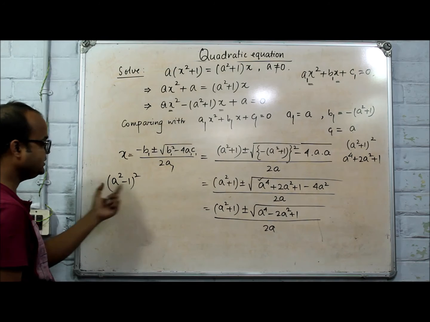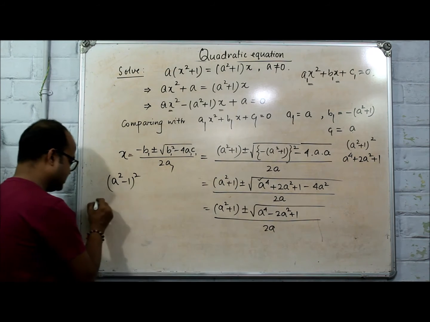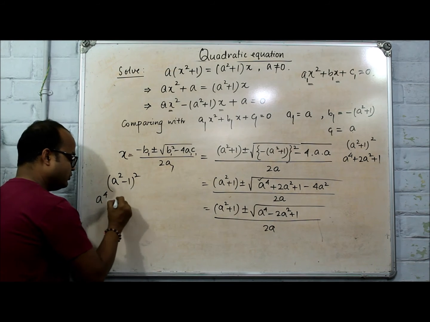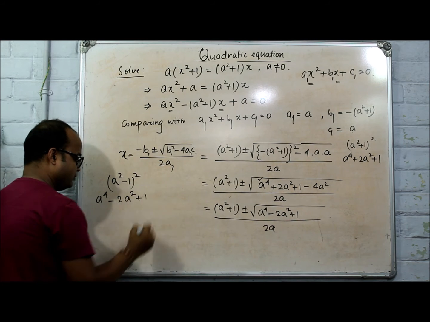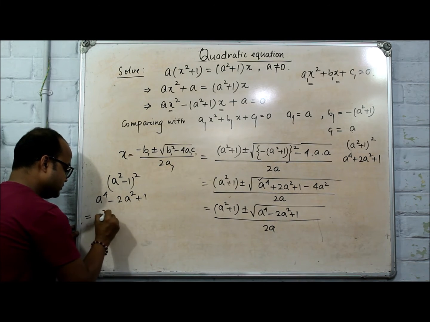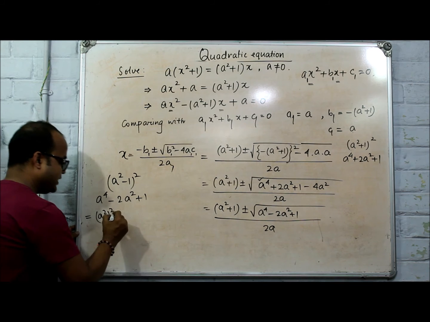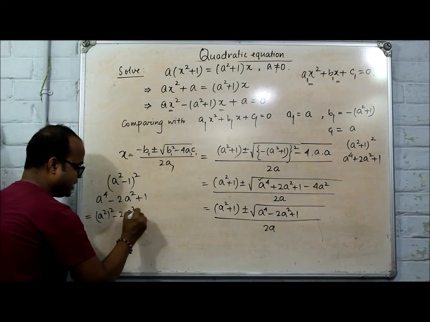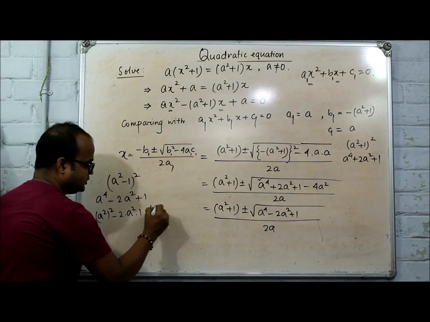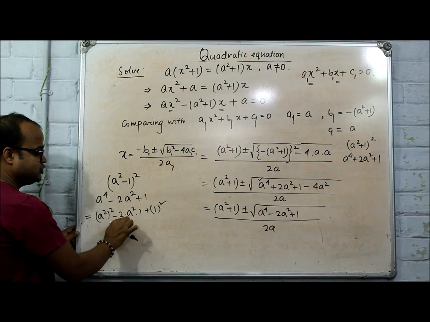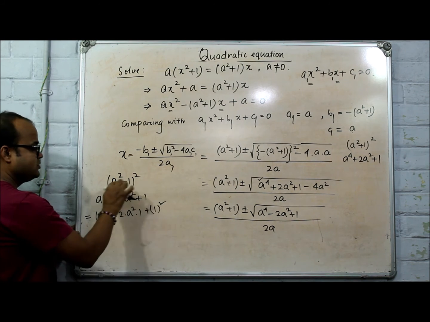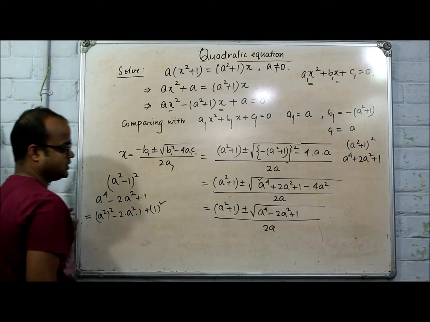See, if we expand this one, you can write a to the power 4 minus 2a square plus 1 as the square of a square minus 2 into a square into 1 plus 1 square, that is a square minus 2ab plus b square, which is equal to a minus b whole square.